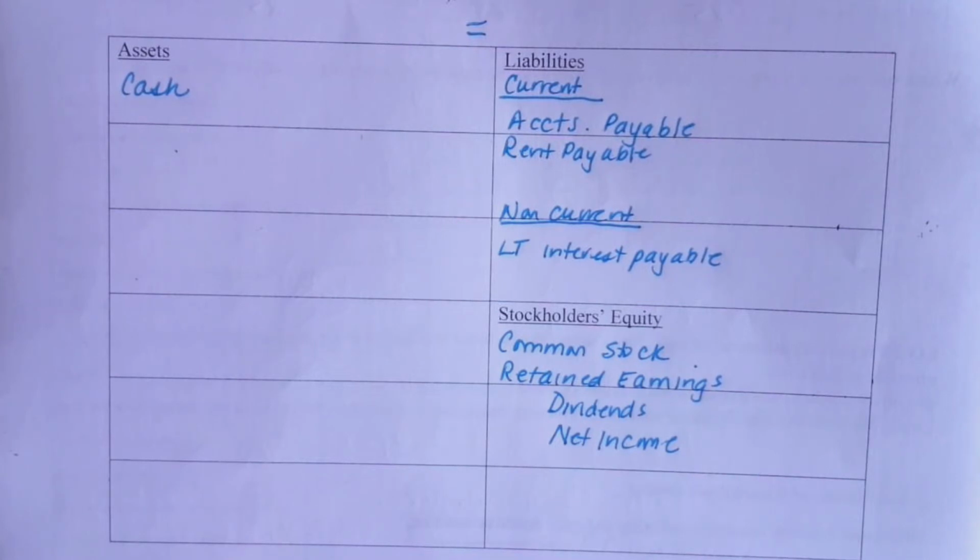Changing cash, we also call what? This is cash flows, right? Changing cash is our cash flows. How much cash changed from one period to another is our cash flows.